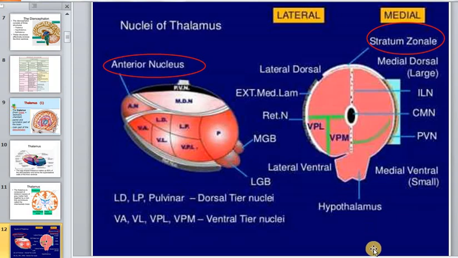So here we see the parts of the gray matter with different layers of white matter. The gray matter of the thalamus is subdivided into three main parts by a sheet of white matter, which we call the internal medullary lamina. So we have some white matter inside the thalamic gray matter.